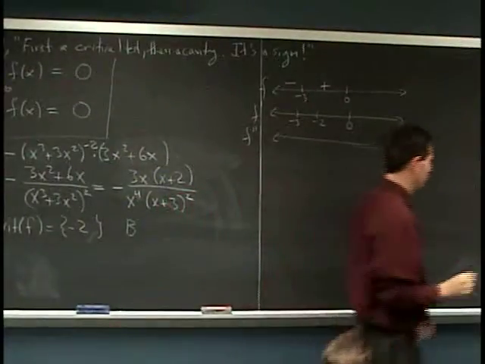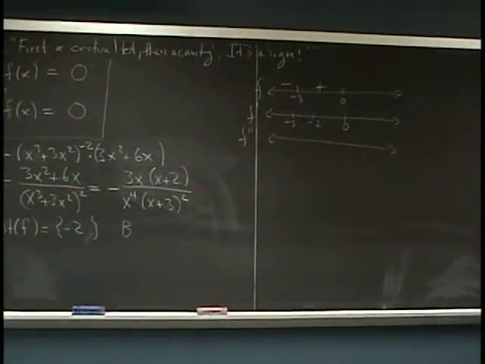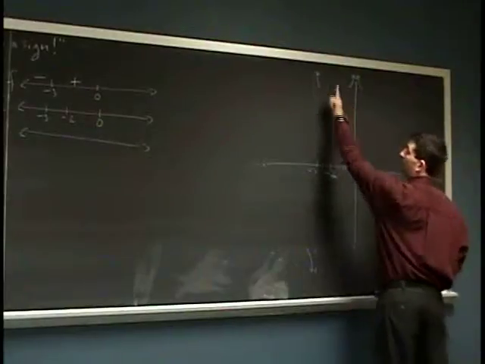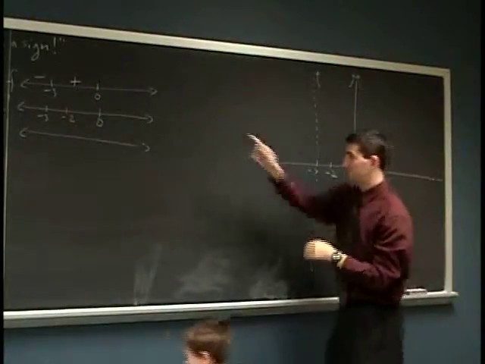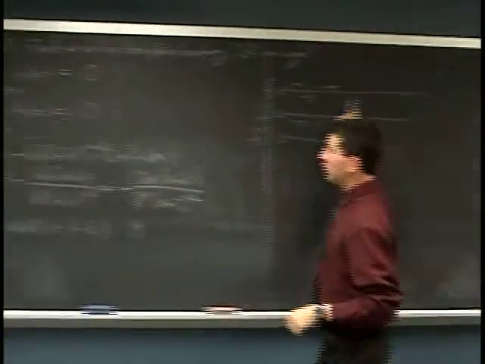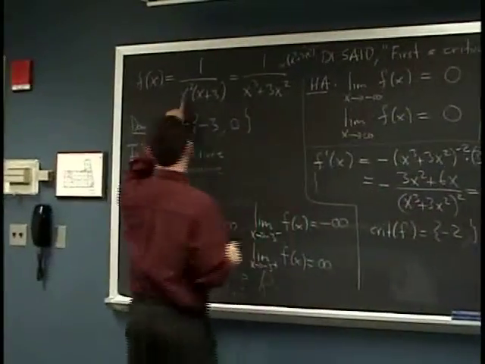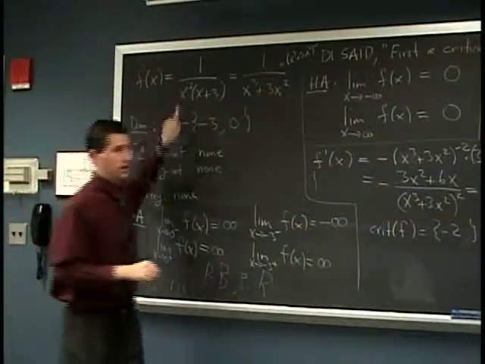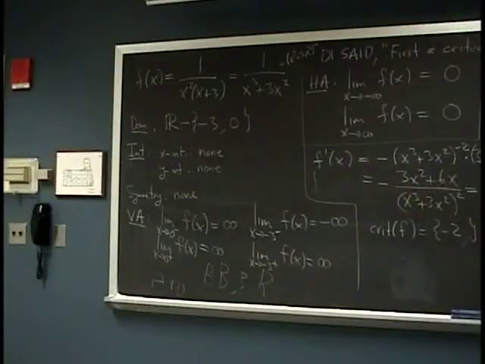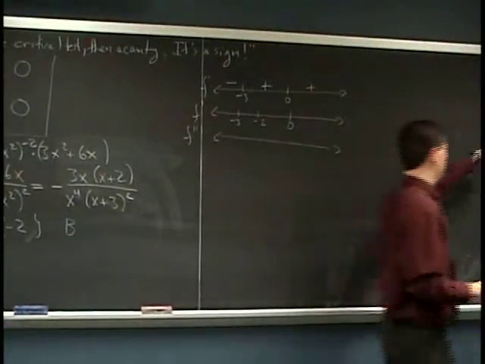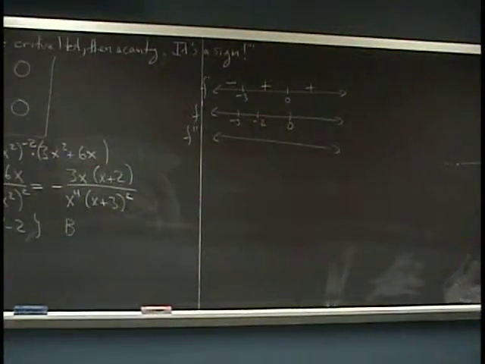This matches what we thought would happen: on the left side of minus 3, you went to minus infinity, and on the right, you went to positive infinity. It should be positive on that side. Then you go to 0, and 0 comes from a square term, so it's not going to switch sign. Which again matches what we knew: for the vertical asymptote, it was going to go to plus infinity on both sides.